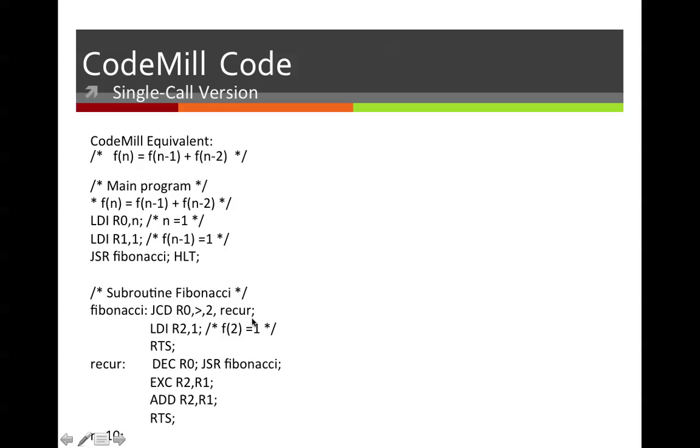So the rest of it is in CodeMill identical. Now R0 gets set to n, and then the other two are set to 1.